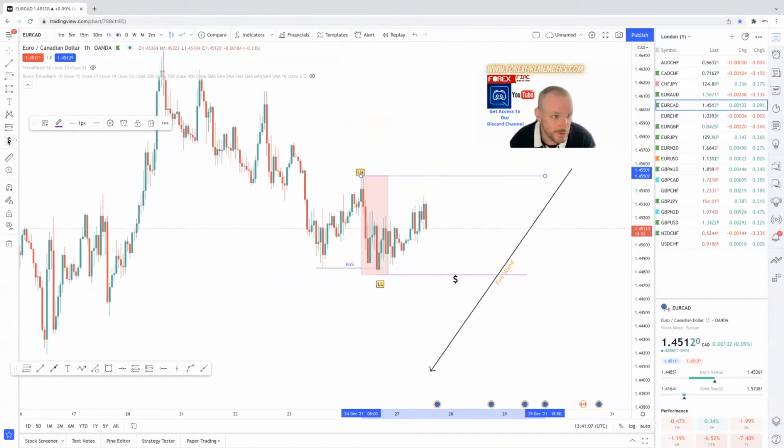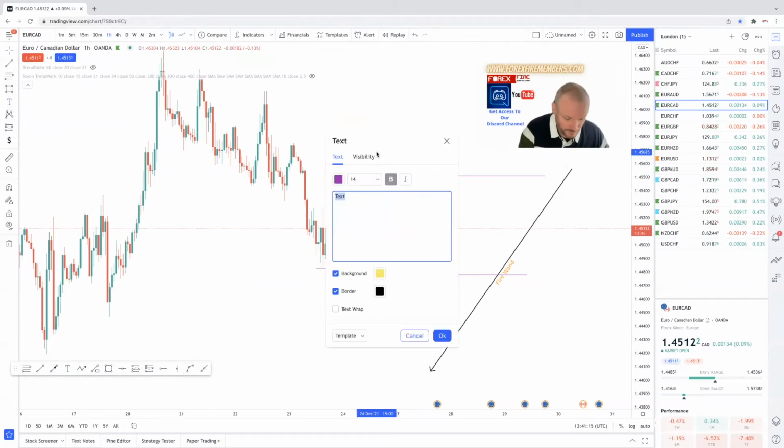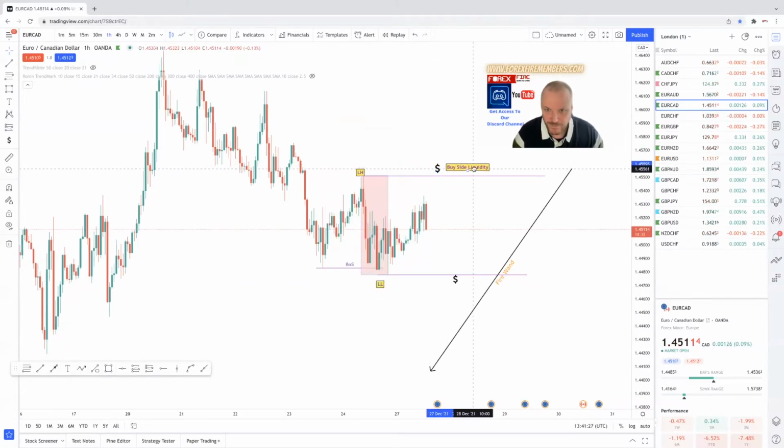On the top we've got the buy side liquidity. So that's your buy side liquidity there.